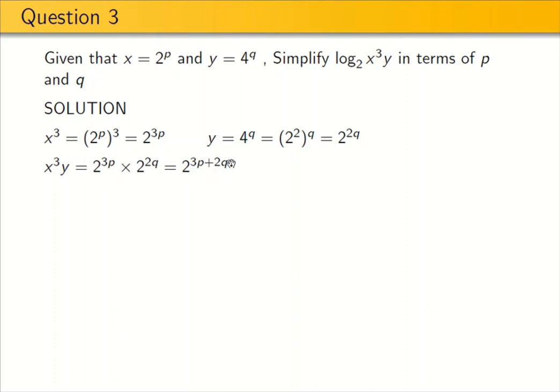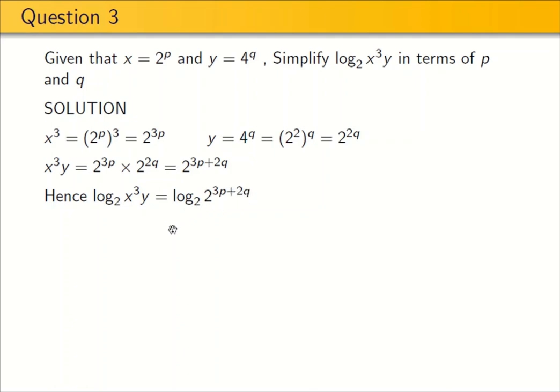So x cubed y is equal to 2 to the power 3p plus 2q. Then I can say that hence the logarithm of x cubed y base 2 is the same as logarithm of 2 to the power 3p plus 2q base 2.